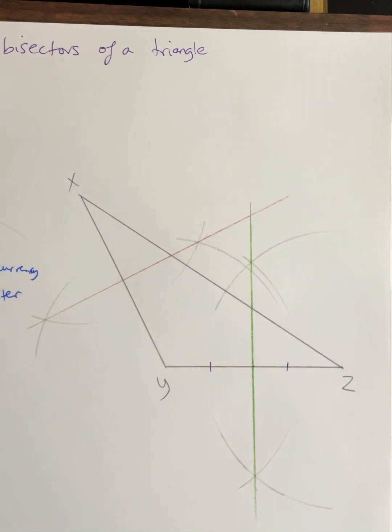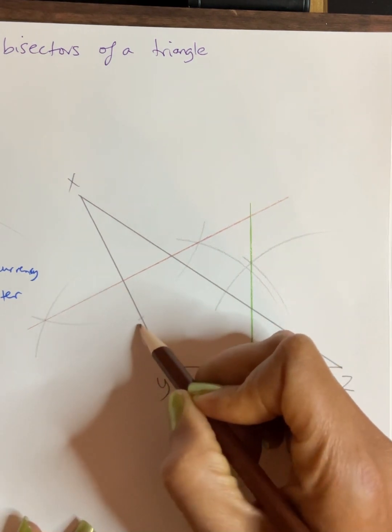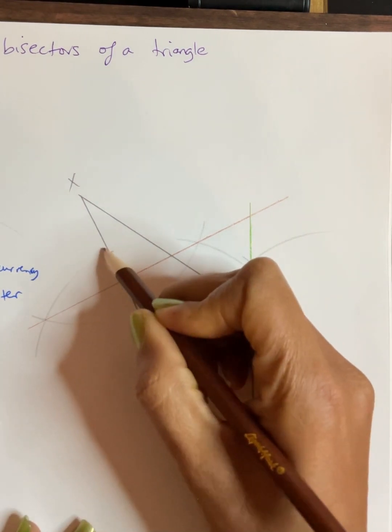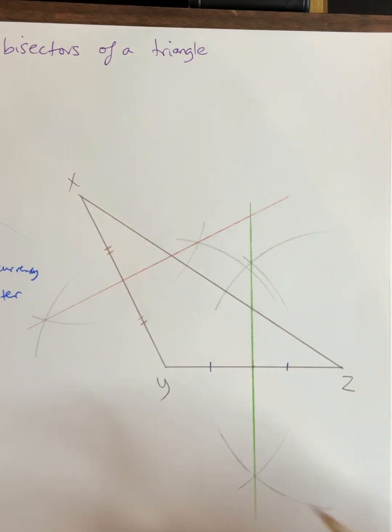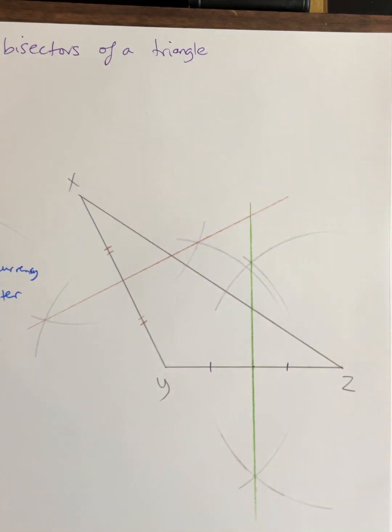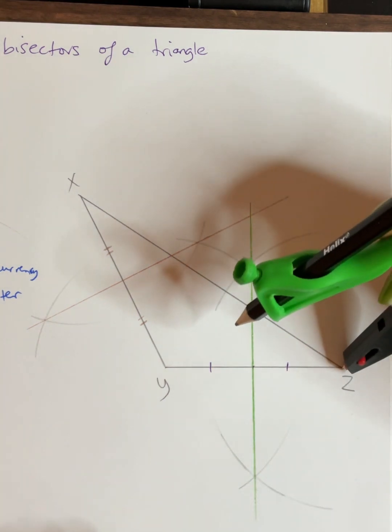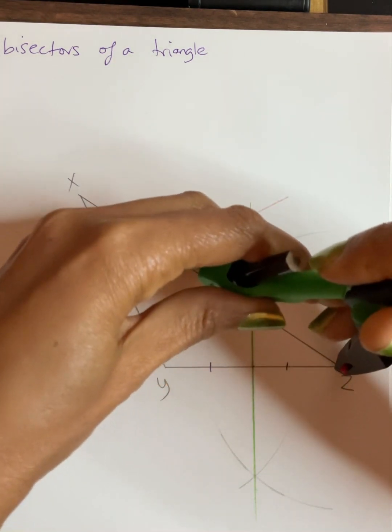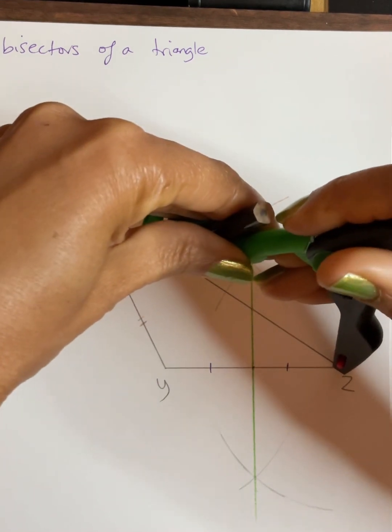So now these two segments are congruent, and I use two notches here to show that they're congruent. And last but not least, I am going to apply the same thing and do a perpendicular bisector of this segment.